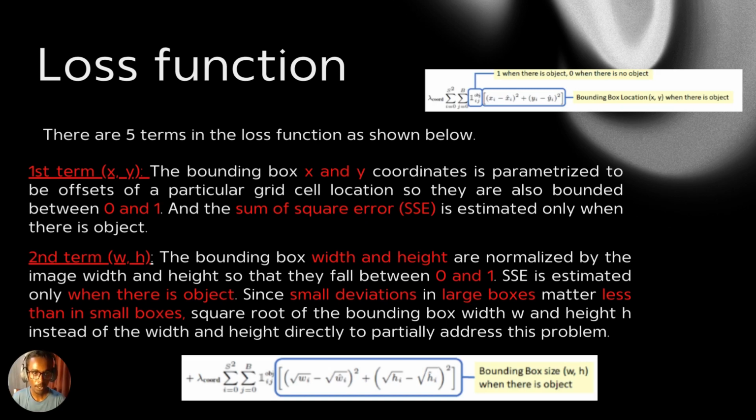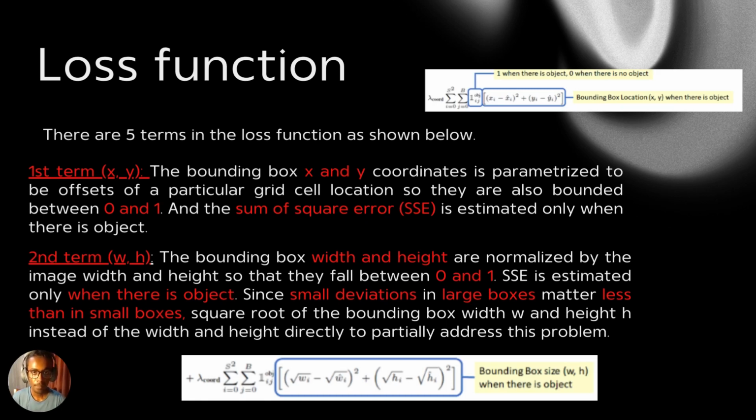And the second term, the bounding box width and height, are normalized by the image's width and height so that they fall between 0 and 1. And we're going to minimize the loss for the predictions of the width and height from the labels that are given to the true bounding box, or the ground truth bounding box.